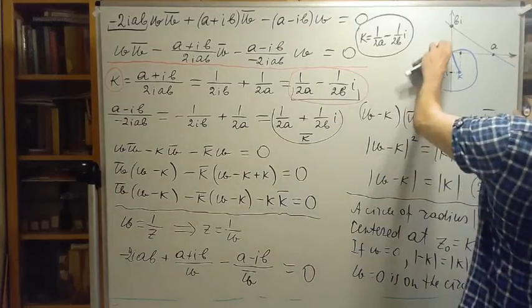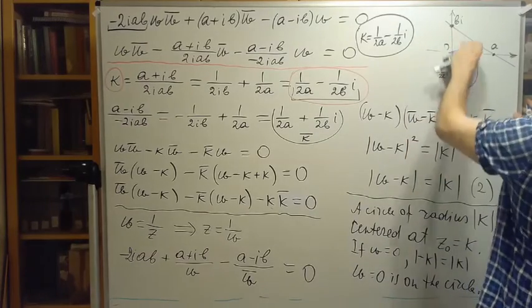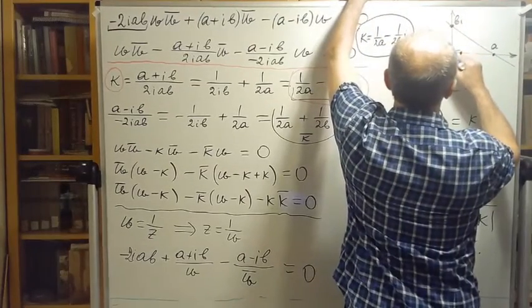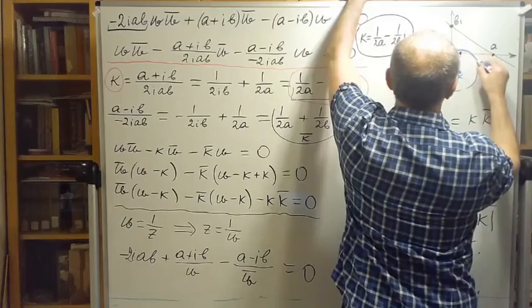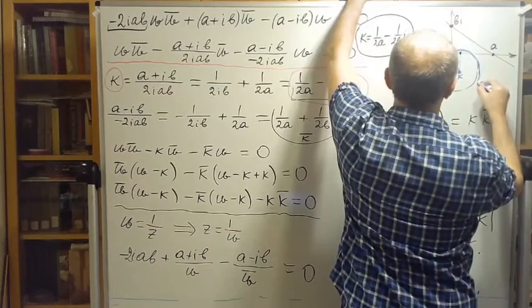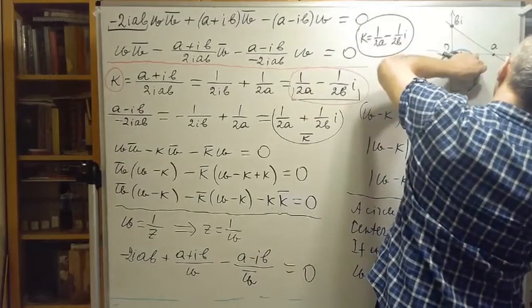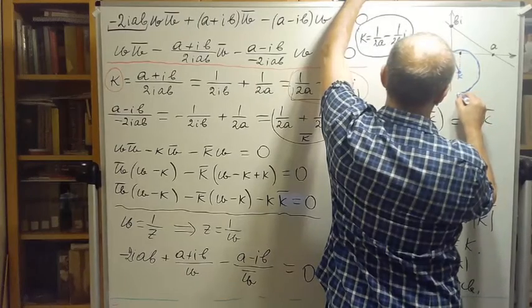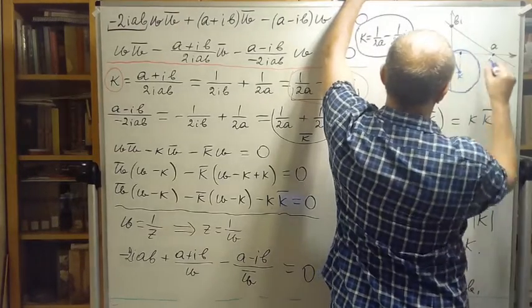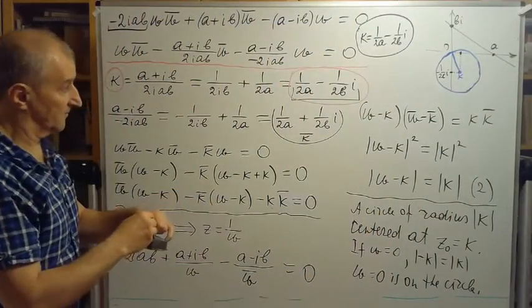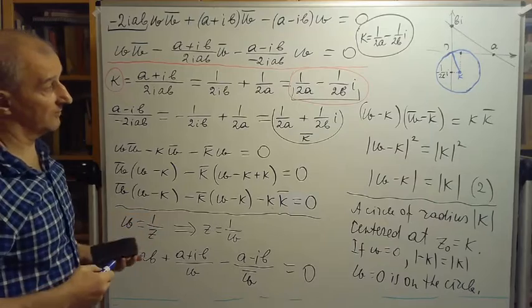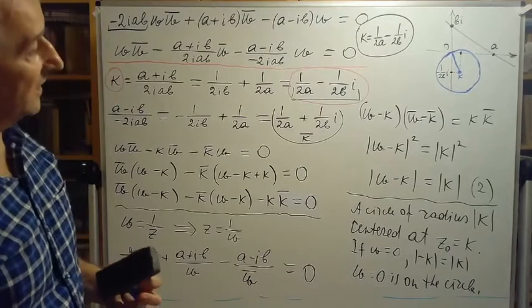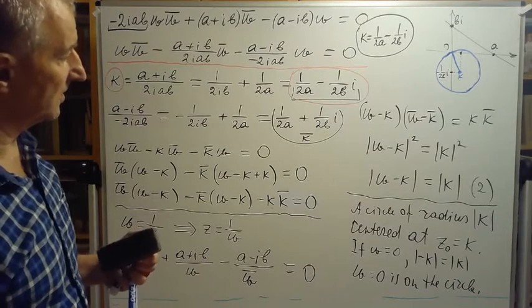You can make it look better. So there is this arc going like this. I would say this is a rather decent circle. That's the image of the line.